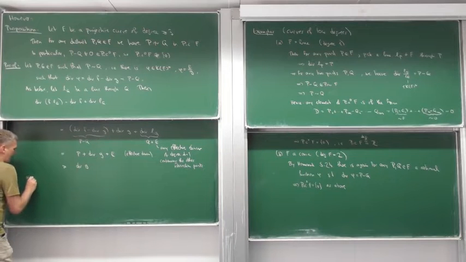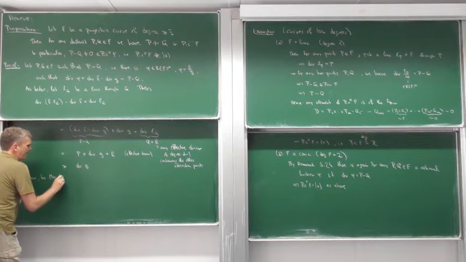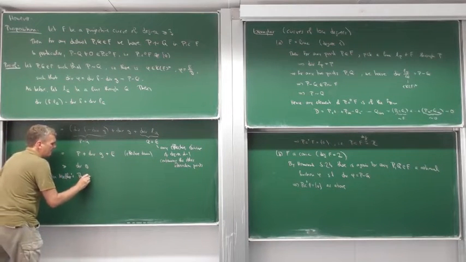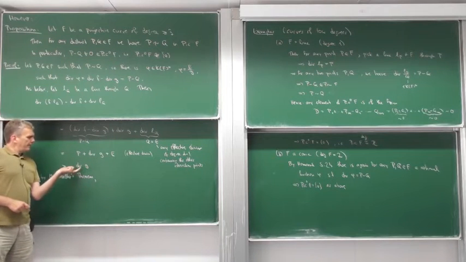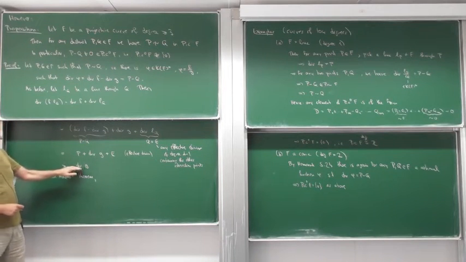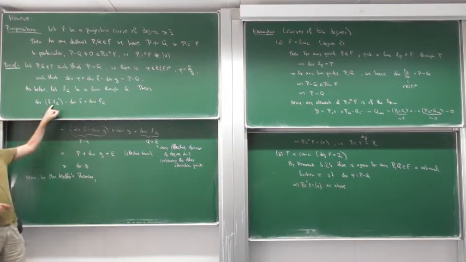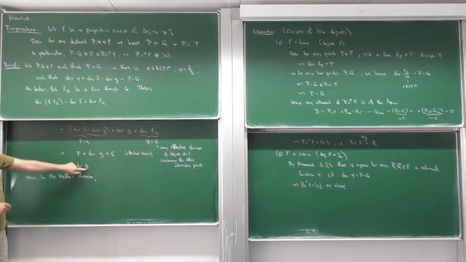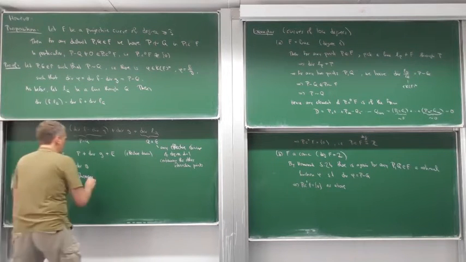And by Max Noether's theorem, there is another homogeneous polynomial that makes up the difference, such that the divisor of g plus the divisor of the other polynomial is div of f times L_Q. And what is the degree? I mean, obviously it has to be a line because the degree of f is the same as that of g, and there's a line here, so by Bezout we need a line here as well.